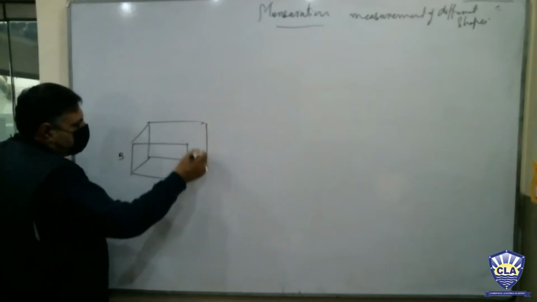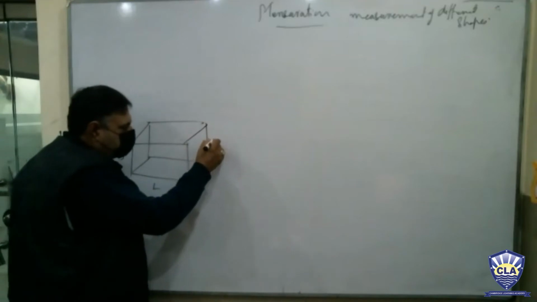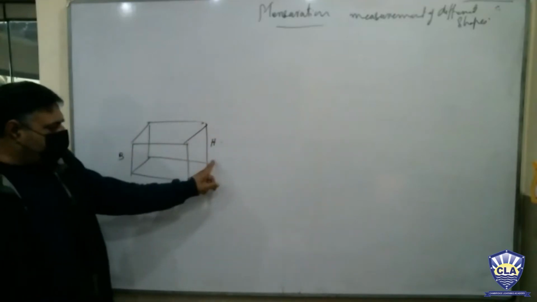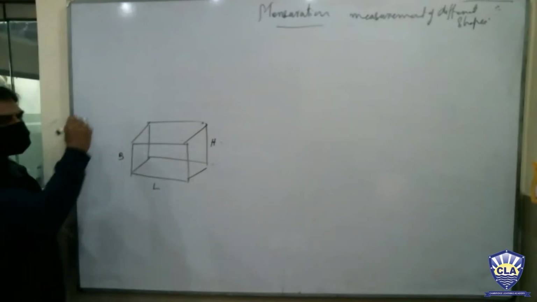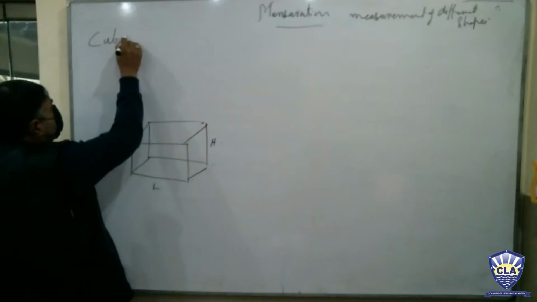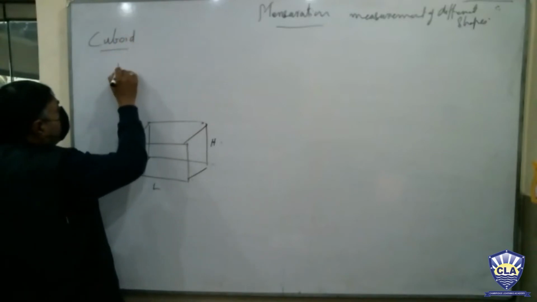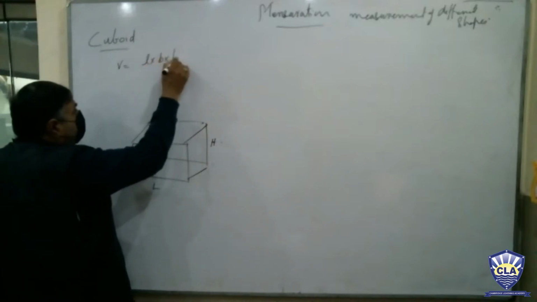And for a cuboid, length into breadth into height. So, volume of cuboid, it is a cuboid. Volume equals length into breadth into height.